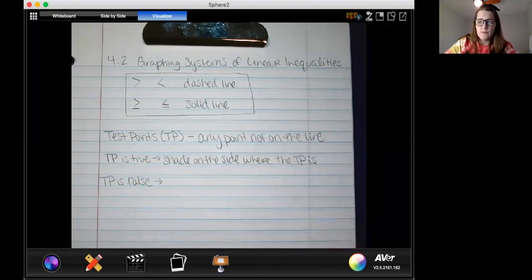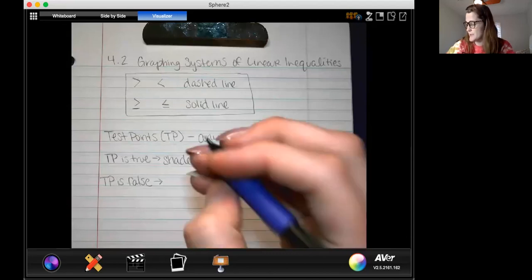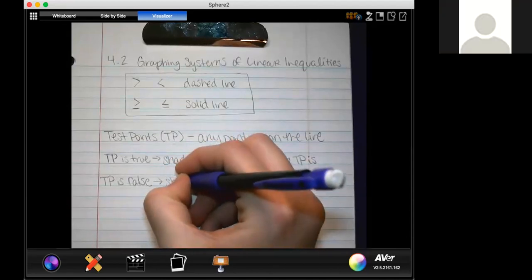What if the test point is false? We shade on the opposite side.